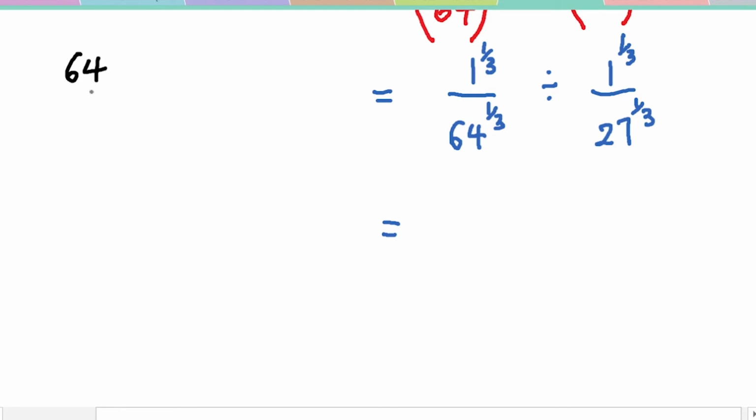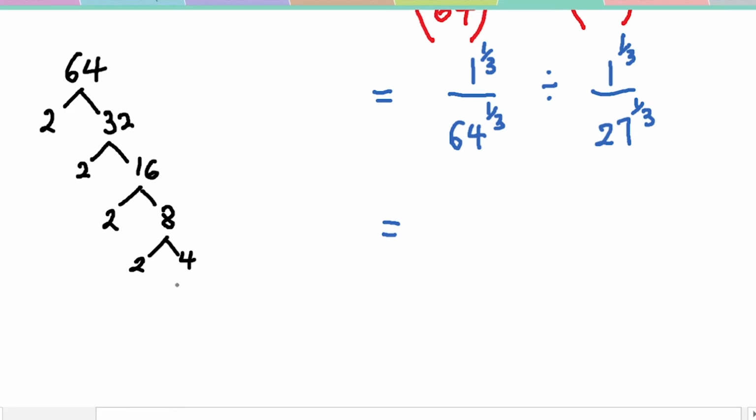I'm going to do some side work here to find the third root of 64. For some of you, it's just as simple as punching this in a calculator. So let's get started. Divide by 2, that's 32. By 2, that's 16. By 2, that's 8. By 2, that's 4. Divide that by 2, we end up with 2.